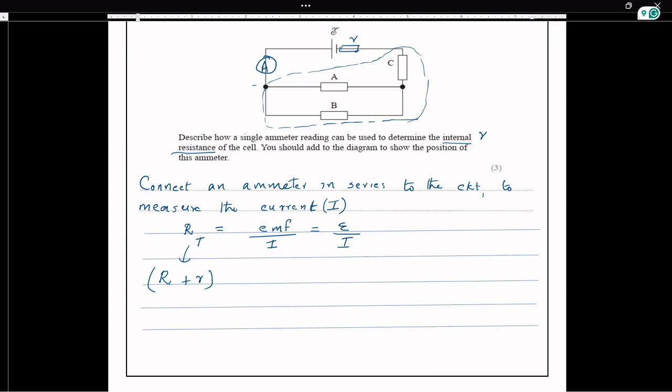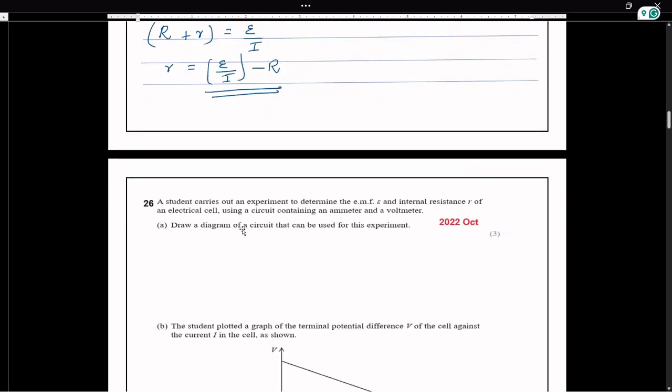So R plus r equals E over I. Therefore, r equals E over I minus R. This is the way we can calculate the internal resistance. There are no calculations, just describe how you connect the ammeter and, from the current reading, how to calculate the value of r. Let's move on to the next question.